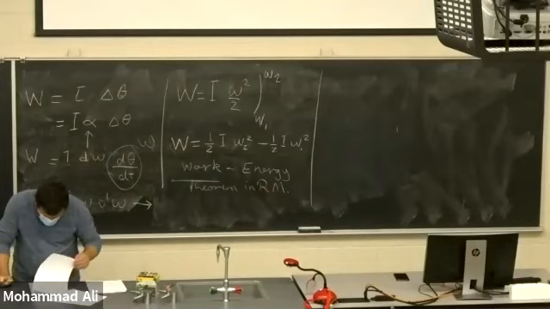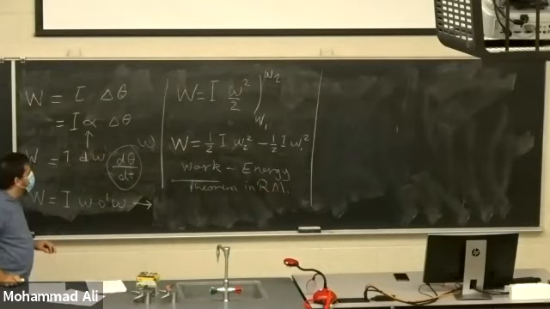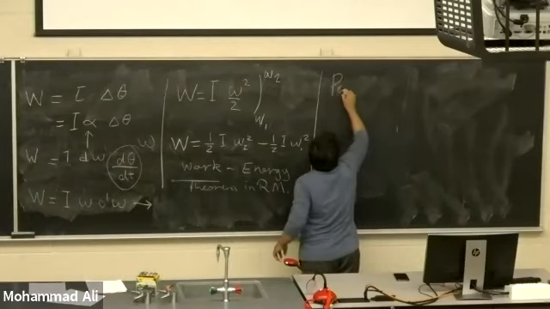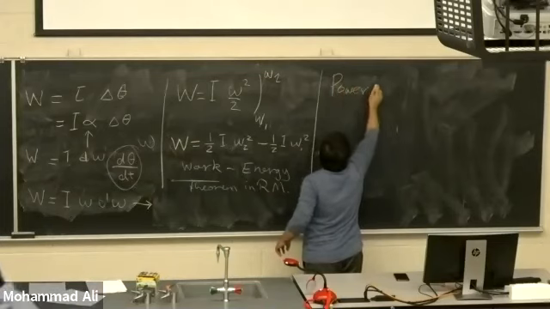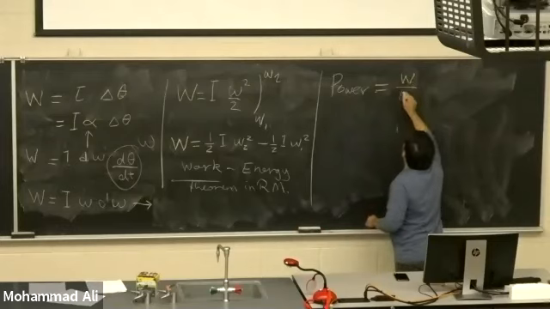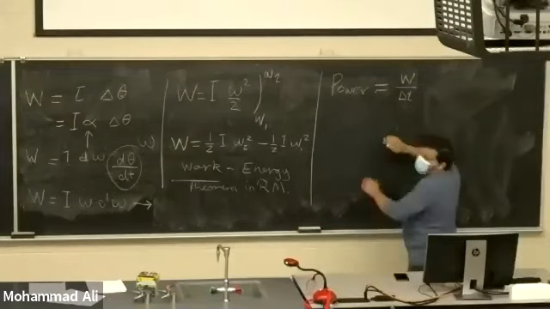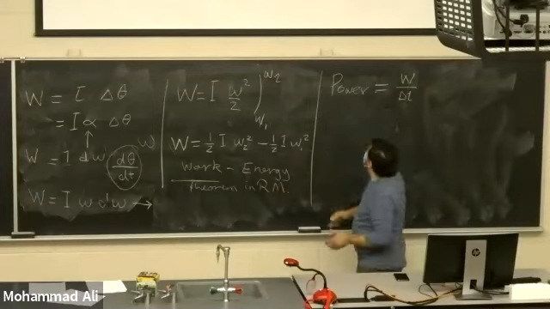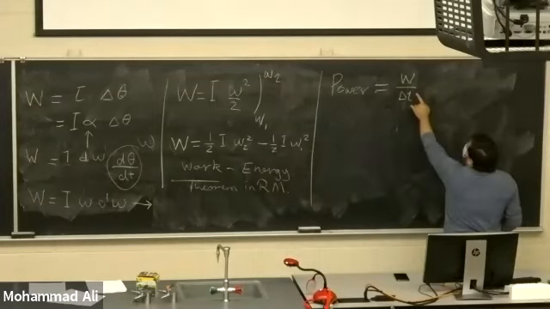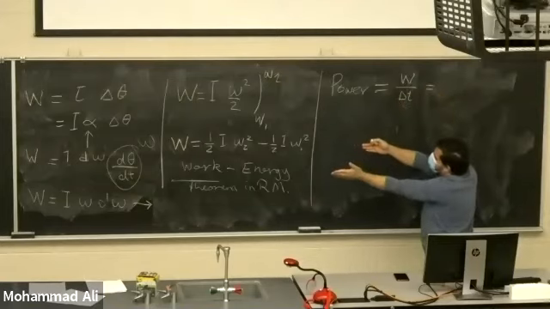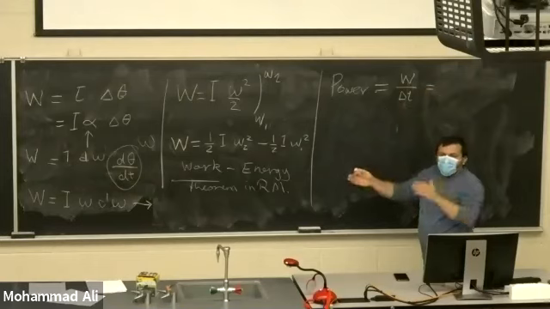Now, it is simple to find the power. Power is equal to the work divided by the time period delta t, right? The work is in joules. Now in rotational motion, we don't need to compare it with the linear motion.